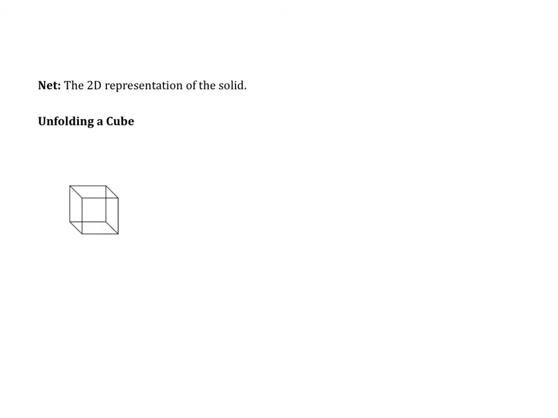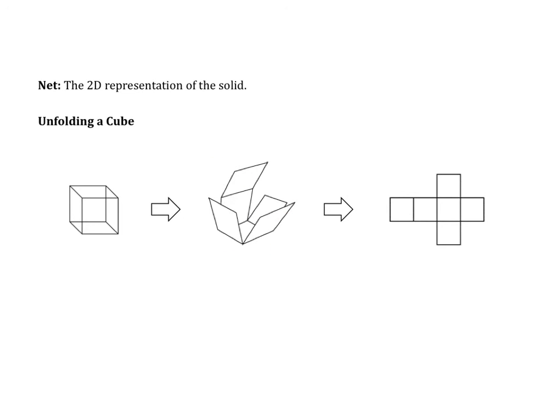Alright, so now let's talk about a net. A net is the 2D representation of a solid. So here I have a cube, and I'm going to go ahead and unfold this. It's like we cut along the edges here, and we're starting to peel the pieces back. And so here we have an unfolded cube, and this is my net.